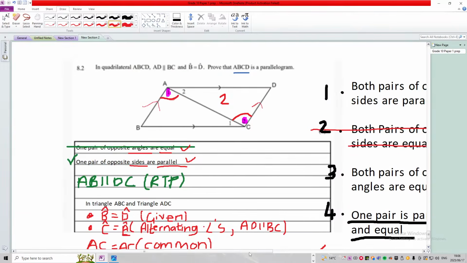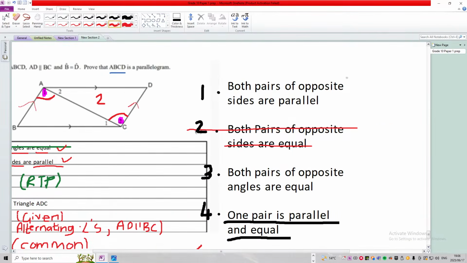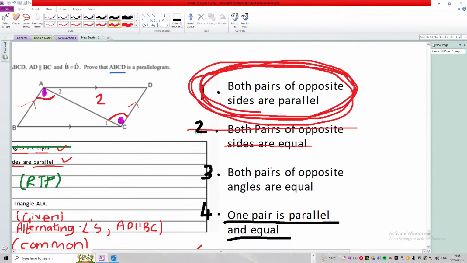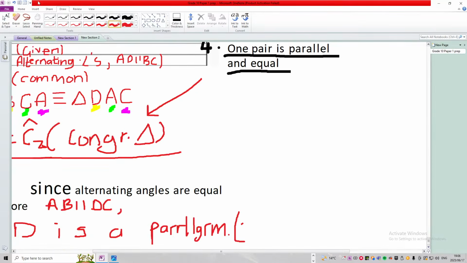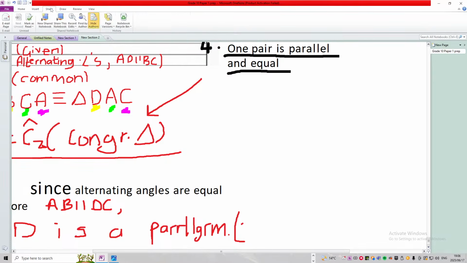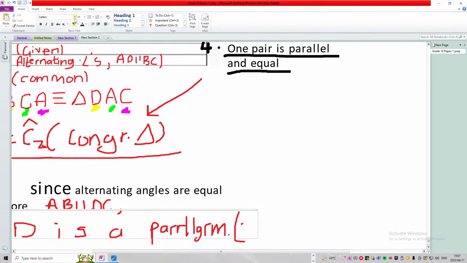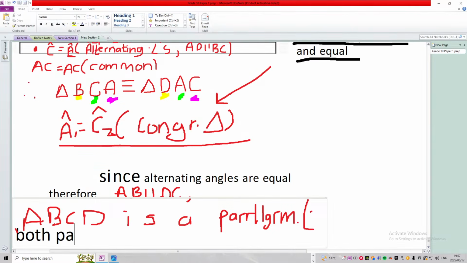This is your reason, you end off with this as your reason there: both pairs of opposite sides are parallel.